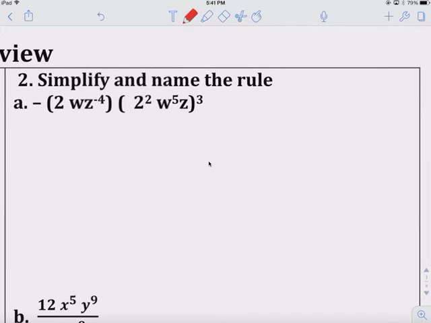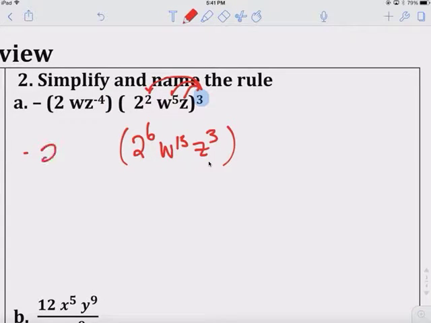This one here, you always do the exponent on the outside first. Distribute, distribute, distribute. 2 to the 6th, w to the 15th, z to the 3rd. This one doesn't have any parentheses on the outside, so now it becomes just a normal -2 w z to the -4.